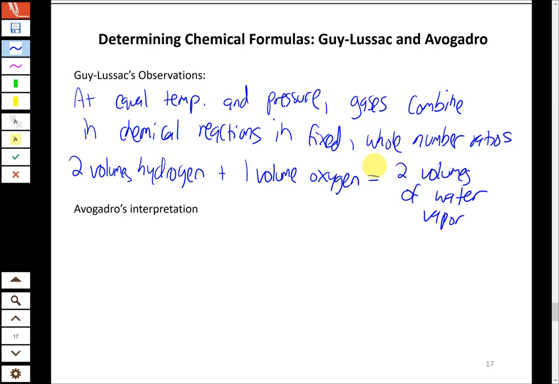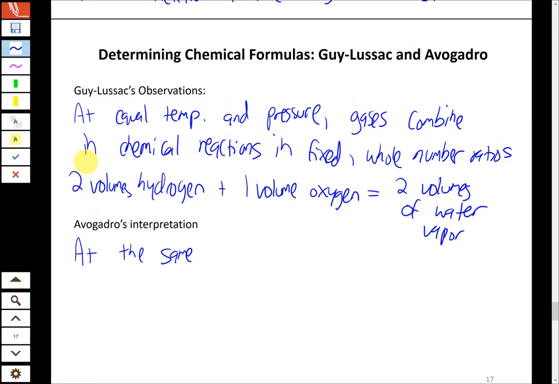And the way that Avogadro interpreted this, and we will learn later on about Avogadro's law that's related to this, but what he stated is that if you have gases at the same temperature and pressure... Wouldn't that be 1 volume of water vapor? No, 2 volumes. Well, the reason for this is because hydrogen and oxygen exist as H2 and O2.